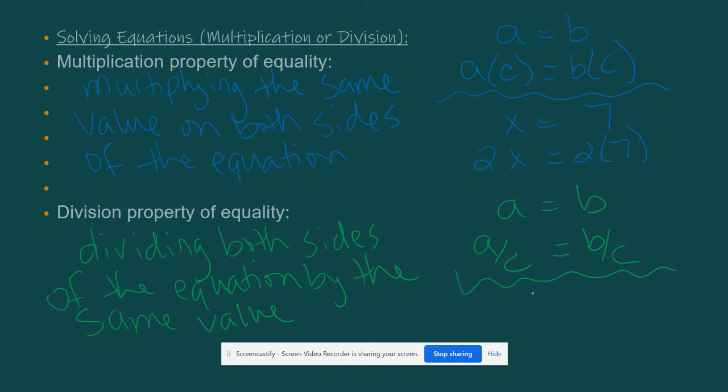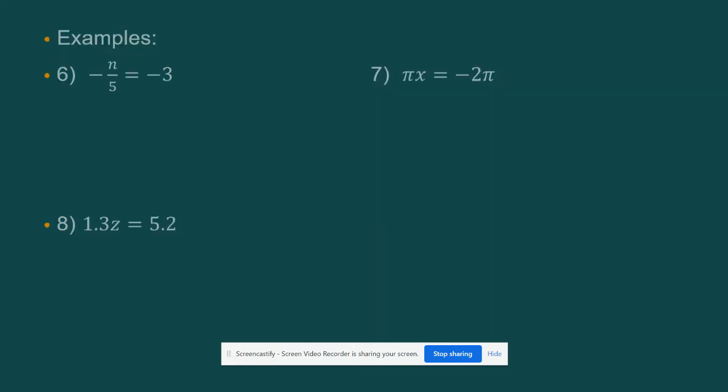Where if I had, let's say q equals 4, and I divided both by 4, then they should both be the same value. All right, let's do some math with that. So we have negative n over 5 equals negative 3.